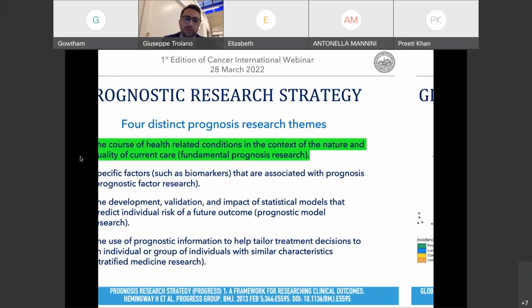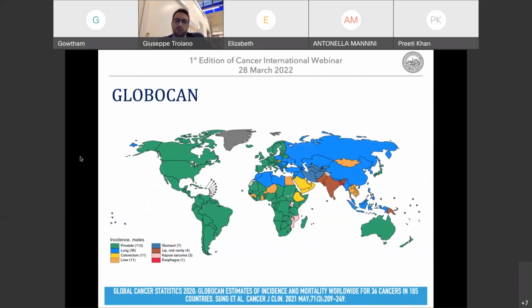In particular, we know generally that oral squamous cell carcinoma is present worldwide, but it's much more present in some countries, like, for example, India, Pakistan, and other countries of Eastern countries.